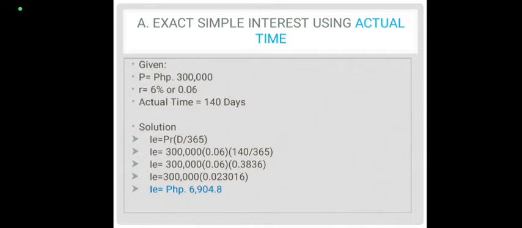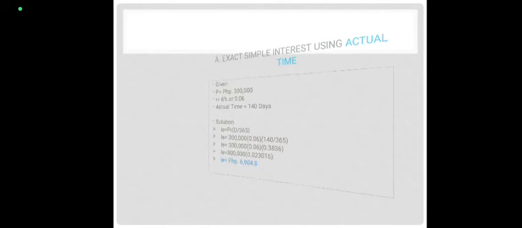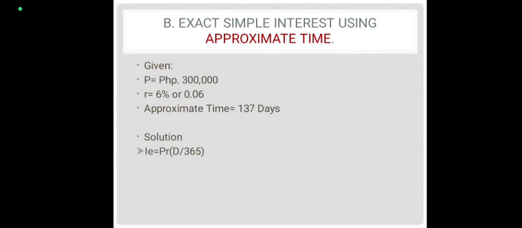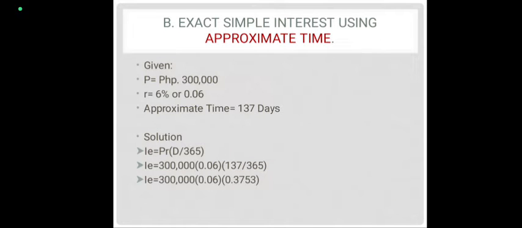By the way, the actual time I use is 140 days, so I use this one to be our number of days. So next, we need to solve the exact simple interest using approximate time. So this time, we are using 137 days. So this is the solution. The same solution as the first one, but this one we just use 137 days. So we need to compute this first. So we have the answer 0.3753.